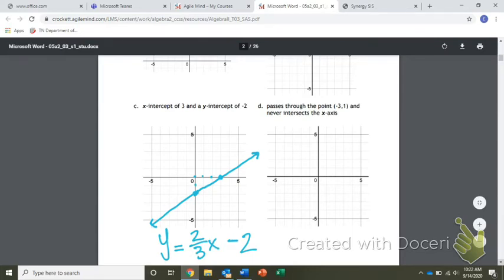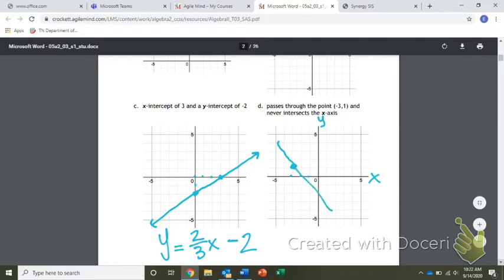Alright, D. It passes through the point of negative 3, positive 1. So I'm counting 1, 2, 3, up 1. Okay? And it says it never intersects the x-axis. So if I drew a positive slope, it crosses the x-axis. So that can't be right.